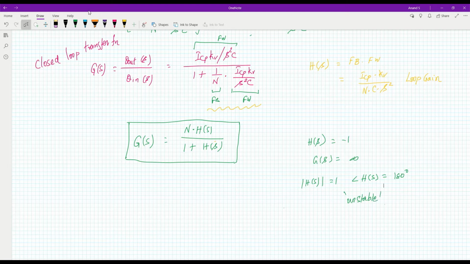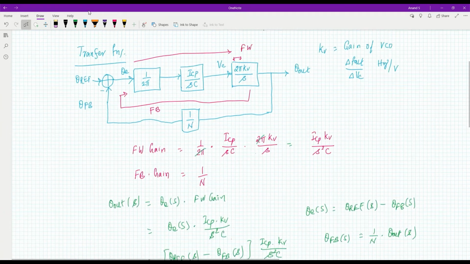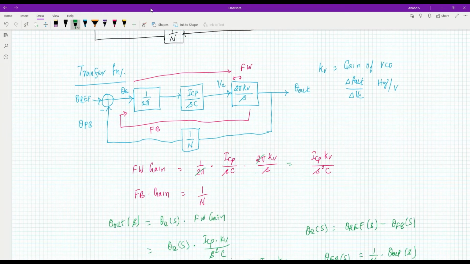So if you see from here in this picture, whenever there is a forward path gain, if the gain of this loop is more than 1 and in this process it has 180 degree phase shift, then we have another 180 degree phase shift because of this subtraction.